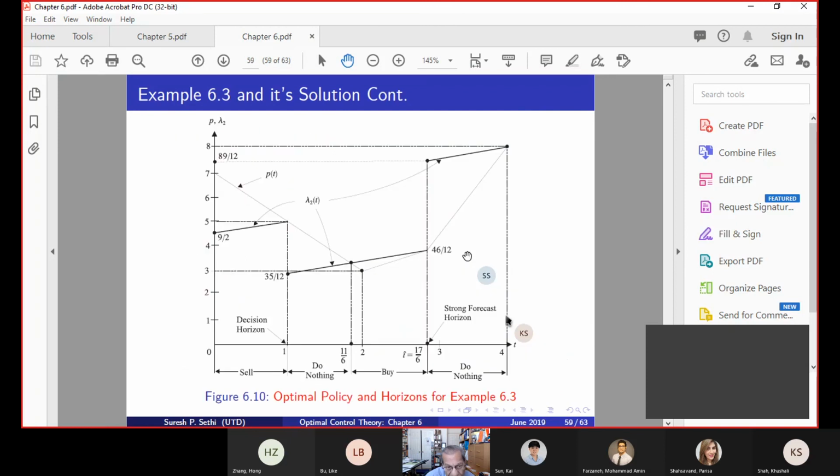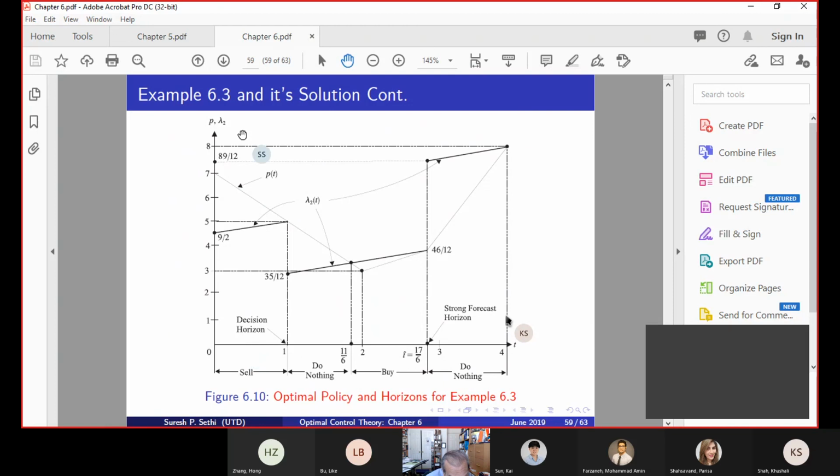So then I show here a solution where my price forecast is given by this, and this. So up to 17.6, I have the same forecast. Then I change the forecast. Okay, I have a new problem. I have this lambda, and then a big jump in this lambda. So the jump can go up and down because of this price, but the decision in 0 to 1 is still sell.